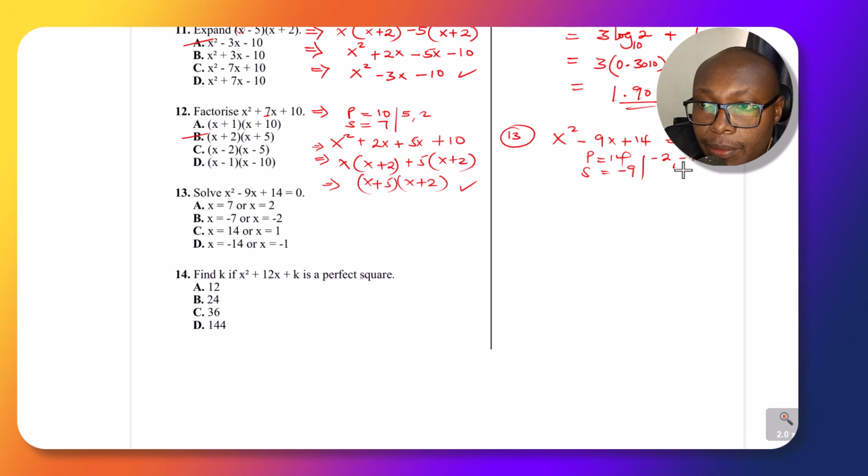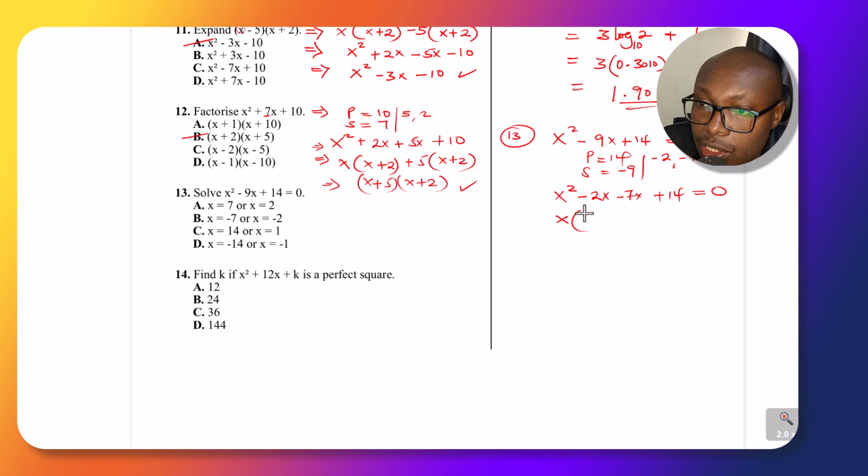When you multiply them, you get 14. When you add them, you get -9. So now we have x squared, -9x. I'll write it in terms of -2 and -7. So -2x, -7x. So -2x subtract 7x, that will give -9x, plus 14 is equal to 0.